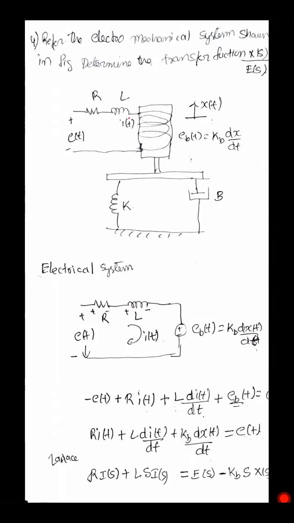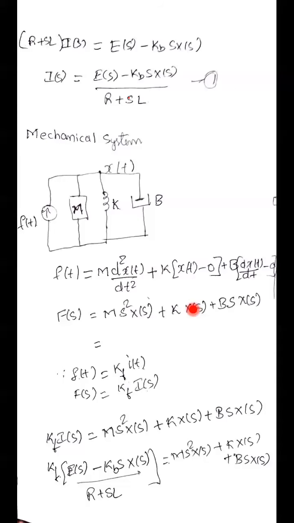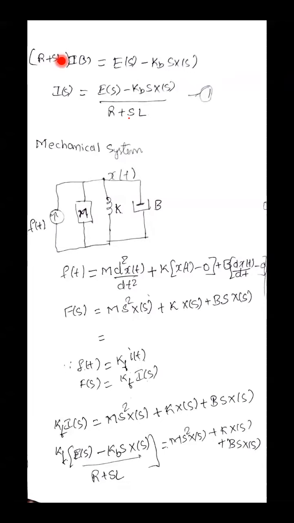So after taking I of s as common in the equation, we'll get R plus SL into I of s, which is equal to E of s minus kb into s into x of s. So I of s is equal to E of s minus kb into s into x of s divided by R plus SL.